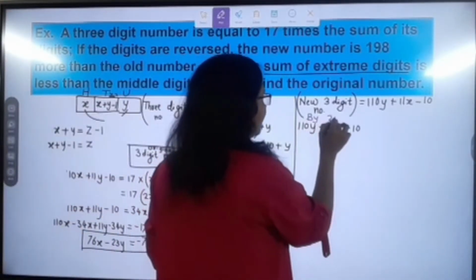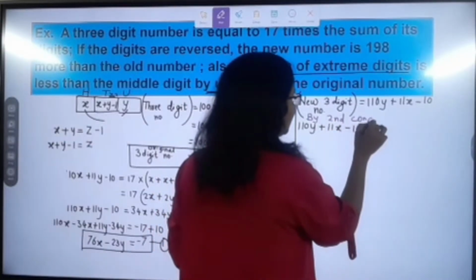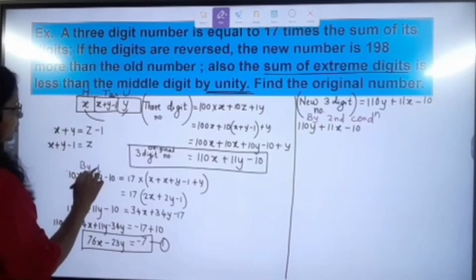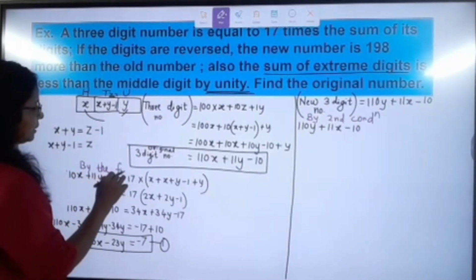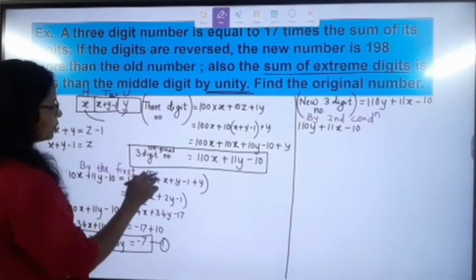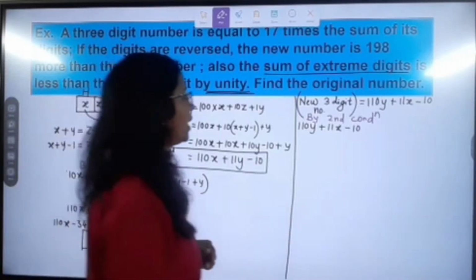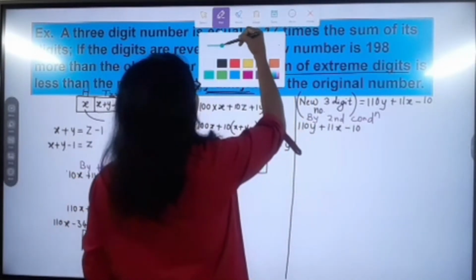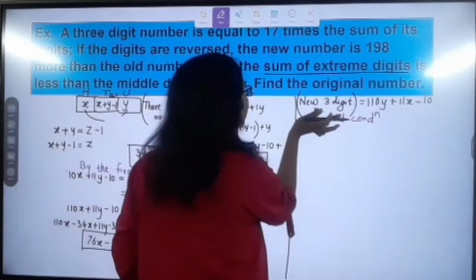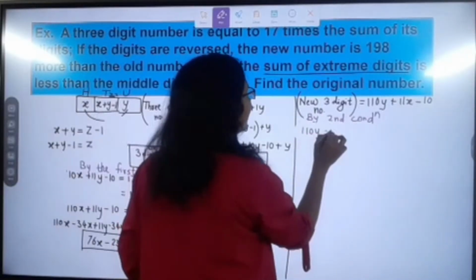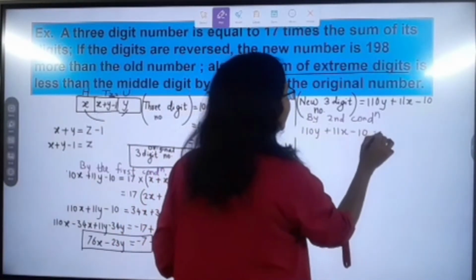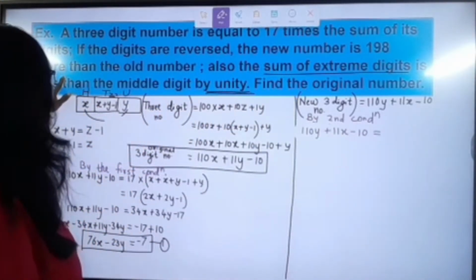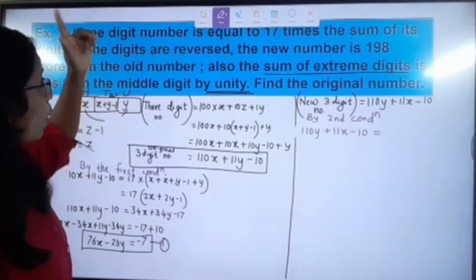By the second condition, and this is by the first condition, 110y plus 11x minus 10 is equal to 198 more than the old number.